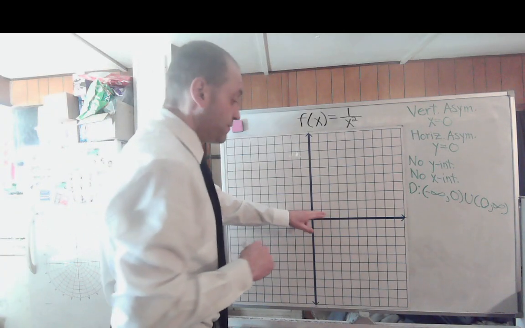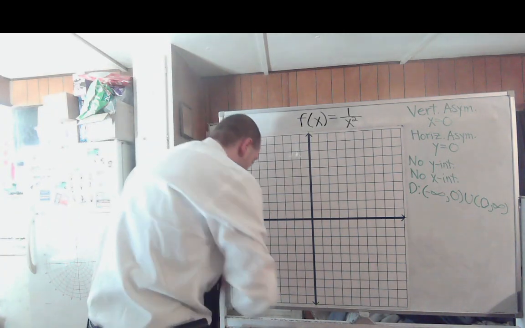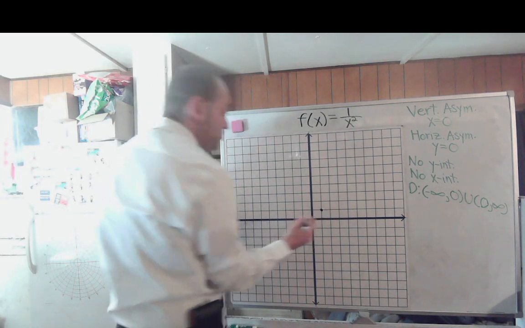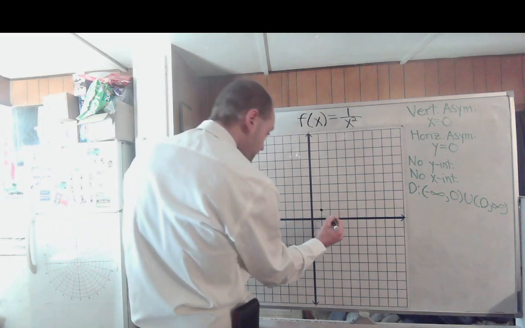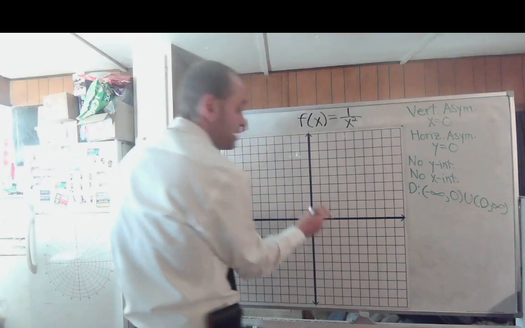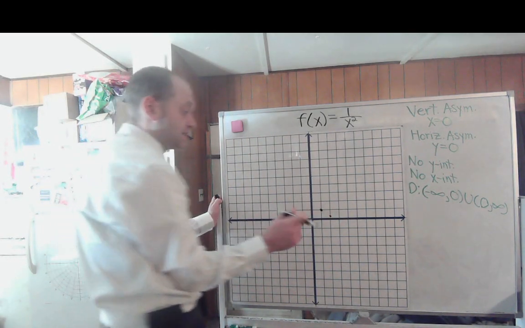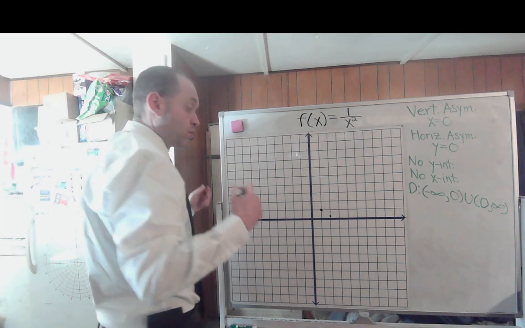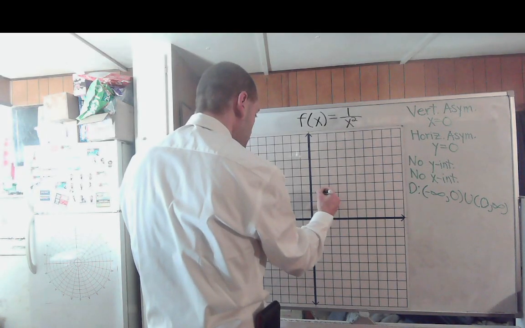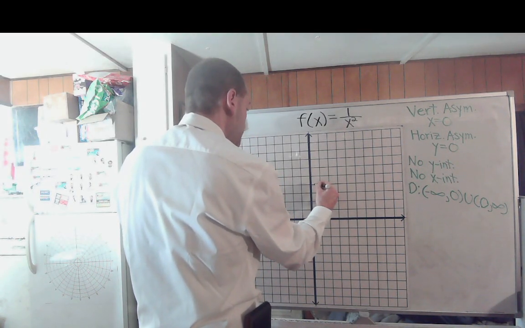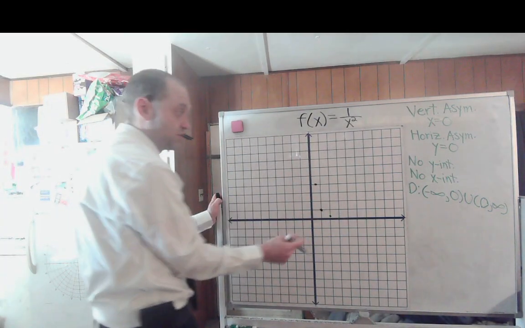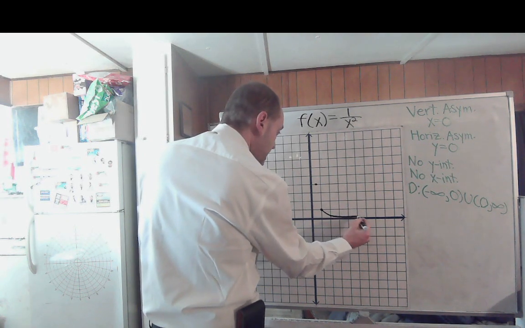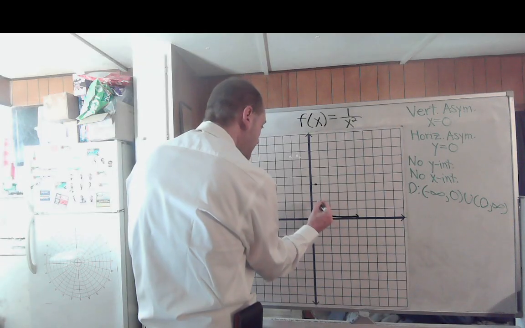If I put in 1 for x, I'll end up getting a y value of 1. So let's graph that. If I put in 2 for x, I actually get 1/4, which is all the way down here. You see I'm getting infinitely closer to the x-axis. If I put in 1/2 for x, I actually end up getting 1 over 1/4, which is 4. So you see, the further left I go, I'm actually getting closer to infinity. So here's what the graph's going to look like over here.